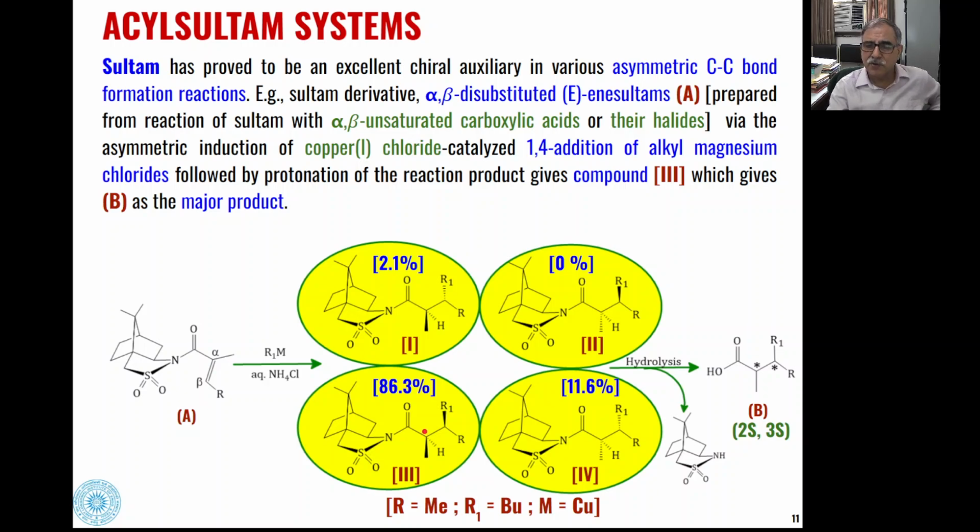They can be formed, and it has been found that out of these four, this is the major product which is formed in 86.3% amount, and then after hydrolysis this can lead to the formation of these types of alkylated carboxylic acids as the product. And we can see that enantiomerically pure alpha beta disubstituted carboxylic acids can be synthesized in this manner.